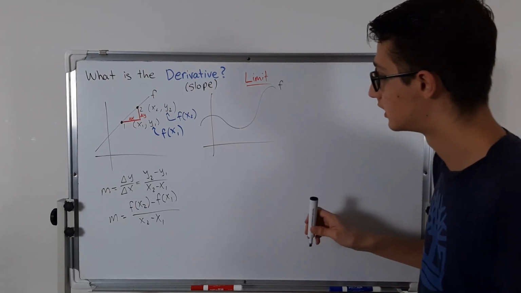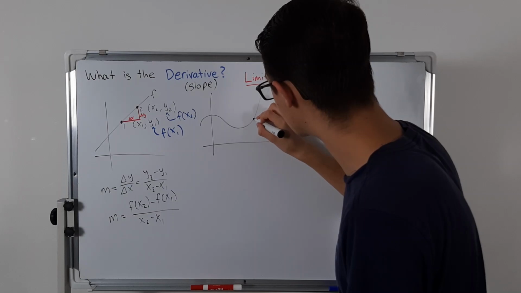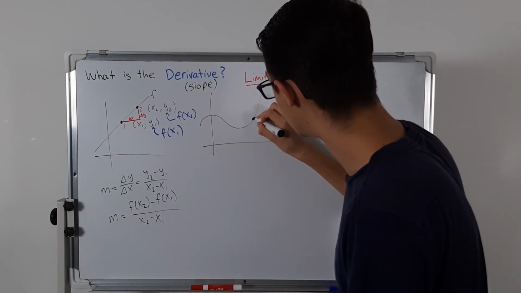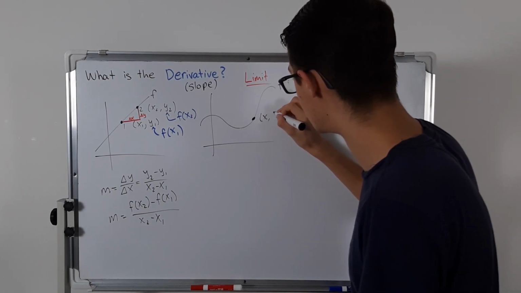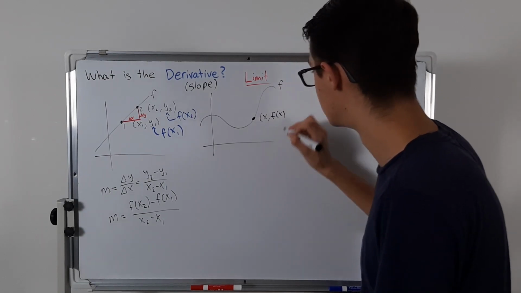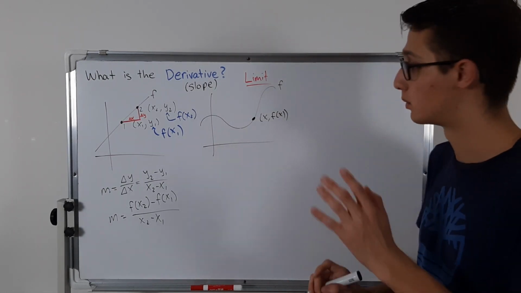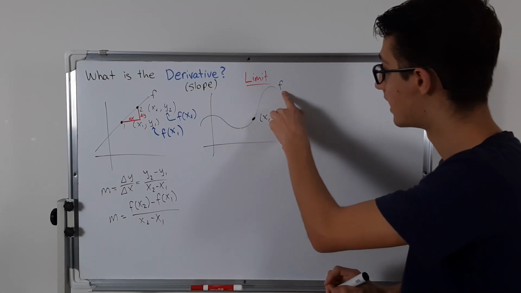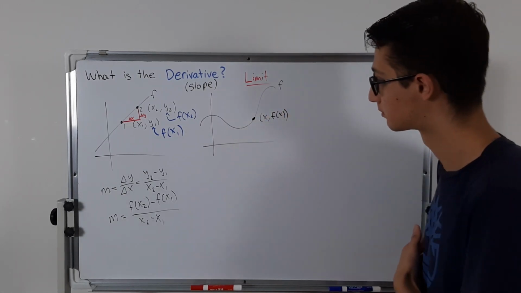So let me consider, let's take some point here, and let me call that, we'll say x comma f of x, okay? And now we want to find the slope of f at this point here, x comma f of x.